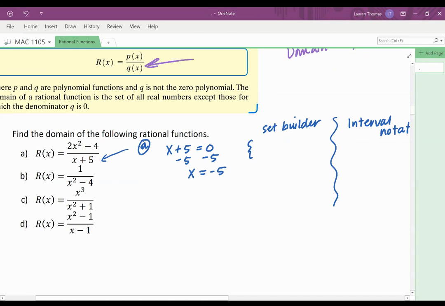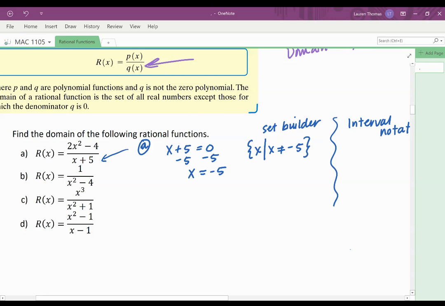You want to use your variable in question, which is x, and tell the reader that you can plug in anything except x equals negative 5. So we draw our line such that x does not equal negative 5, close brace. That's how we would write the domain in set builder.